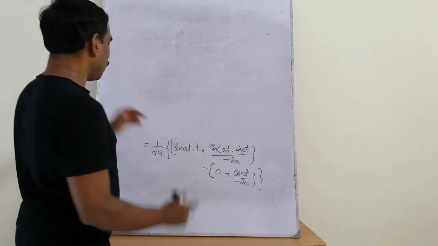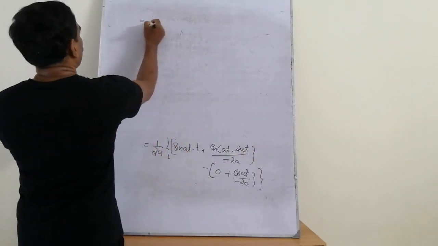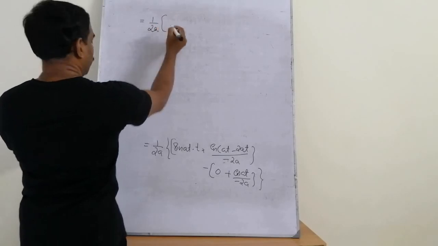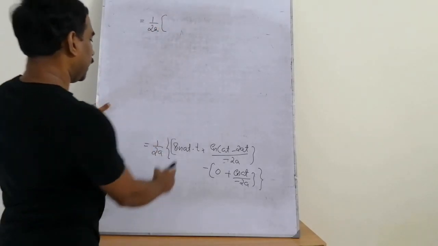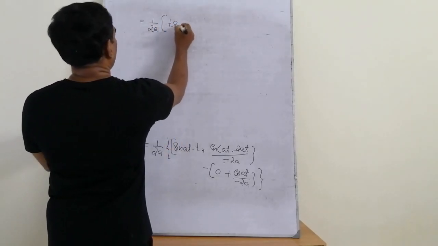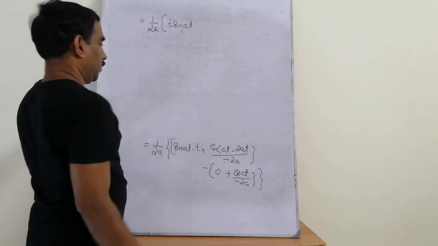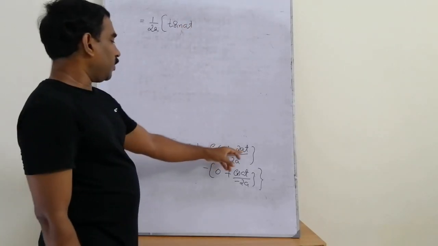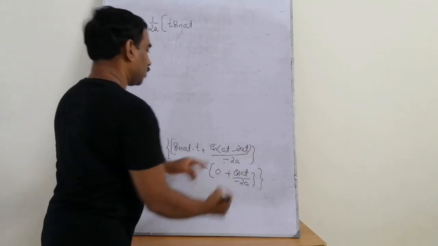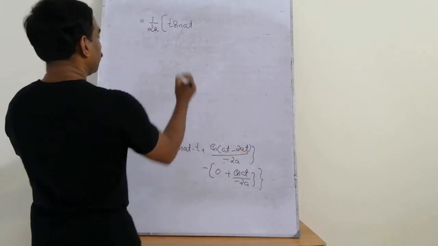Now simplifying this expression, we get 1 by 2a into t sin a t plus cos(a t minus 2a t). This is cos(minus a t) or cos a t.